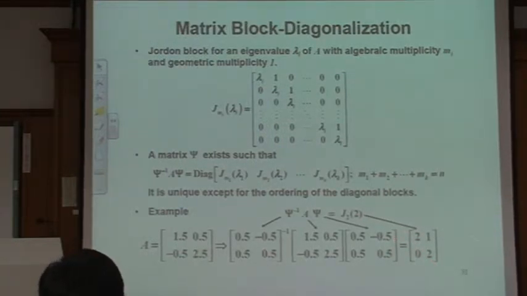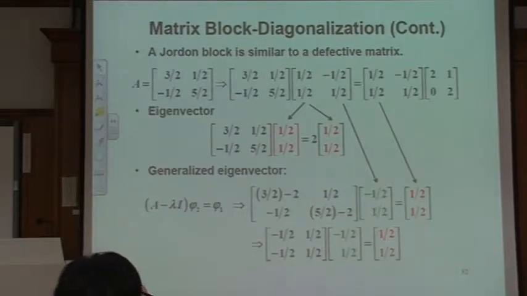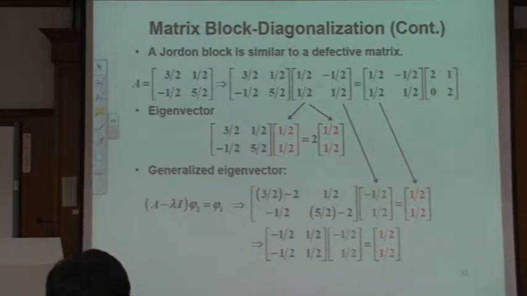For example, this matrix we call an upper triangular matrix, because all the elements below the diagonal terms are 0. The other case is the Jordan matrix. If we have this A matrix, we can find its generalized eigenvector matrix like here.